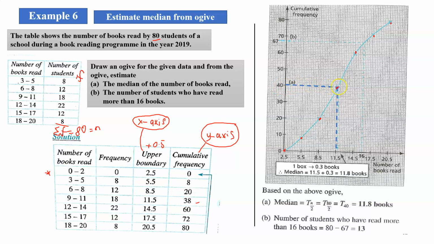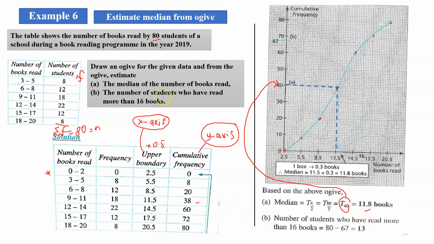You connect dia. Bawa turun ke bawah. So you get this one. Bawa ni sampai ke sini, sampai kena curve tu bawa turun. Then you get 11 point something lah, 11.8 macam tu, lebih-kurang. So that is your median.